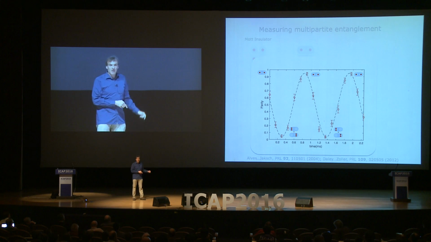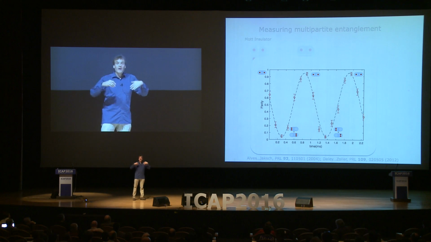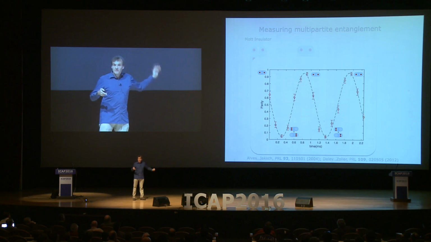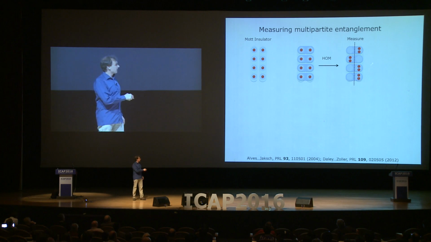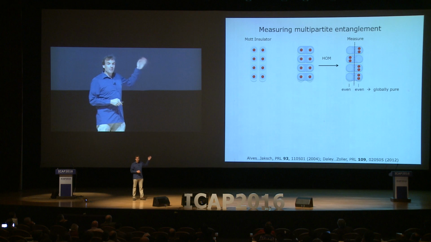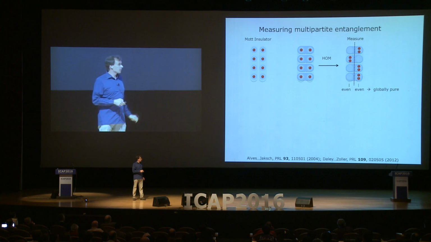But the beautiful thing is that I can now say this is a multimode beam splitter, and I can actually do this with many-body physics. In the simple case of two Mott insulators, I can interpret this as a many-body Hong-Ou-Mandel by just adding up the parities of the different modes of the beam splitter.